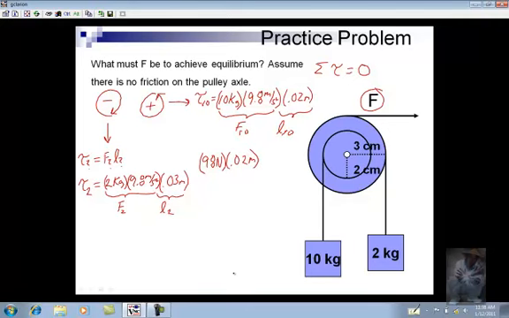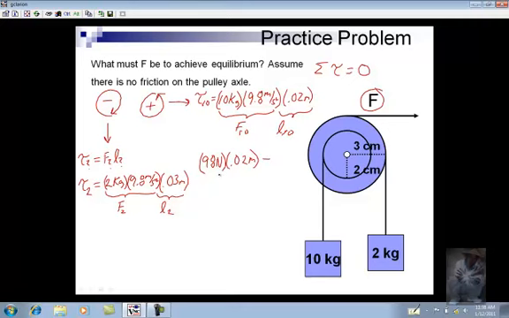So I'm adding them up. These are going to be negative, so I'm actually going to subtract them. So minus Newton meters. We'll talk about that in a second.